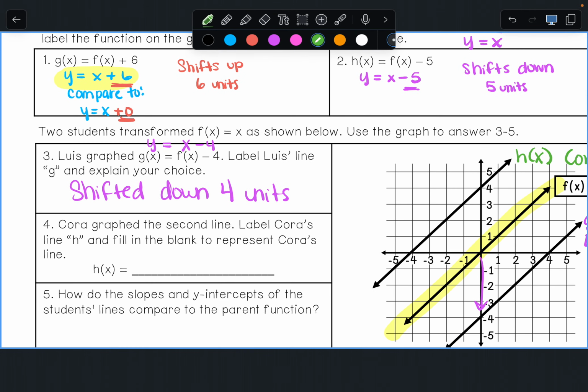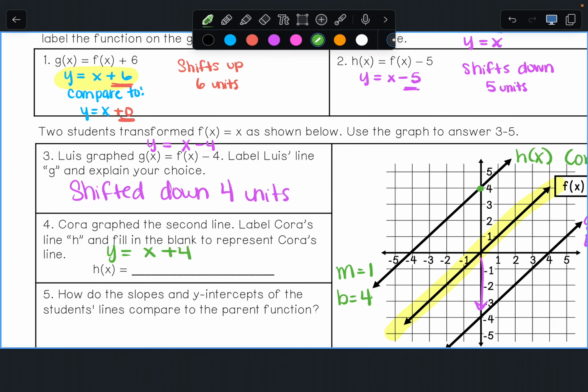To write the equation of any line, you need the slope and the y-intercept. The slope of the line, did it change? No, the slope is up 1 over 1, 1. What's the new y-intercept? 4. So if I write this in slope-intercept form, I would write it as y equals x plus 4.